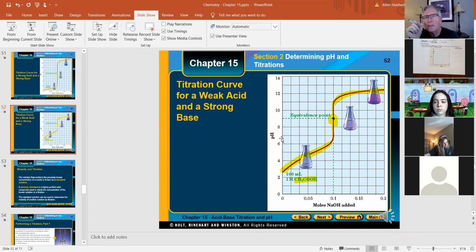Will it change the pH rapidly or slowly? Rapidly. So this line on here is not going to start out so flat, but it's going to actually start going down almost immediately. Then we need to figure out where our vertical line is going to go. That's the only thing we have left. How do these concentrations compare?